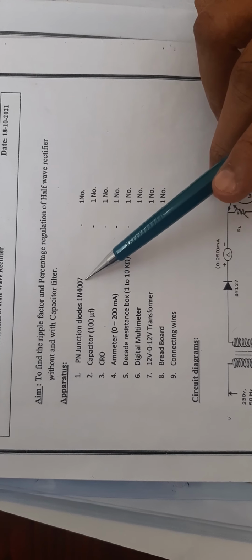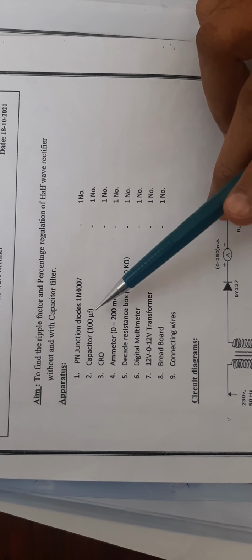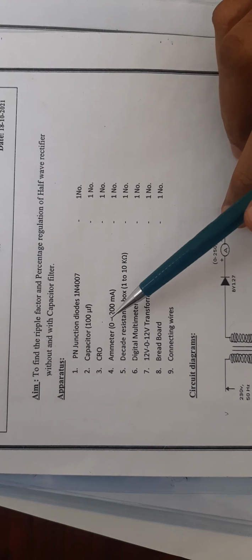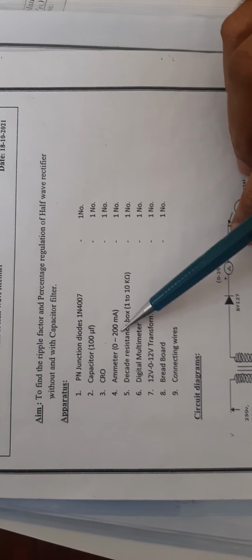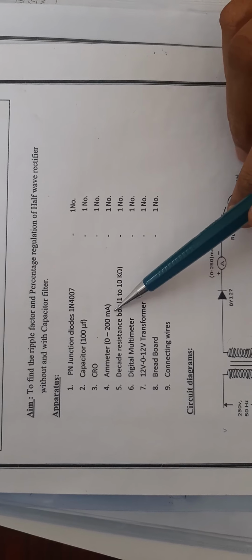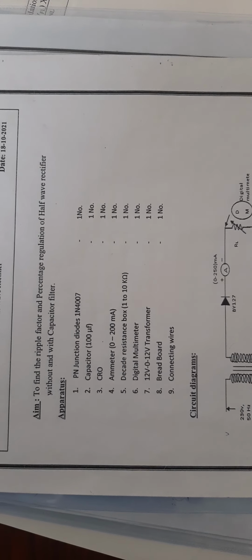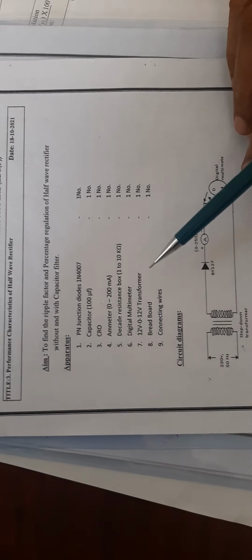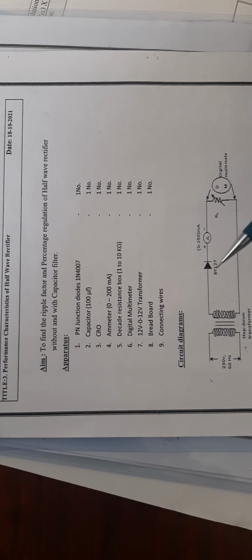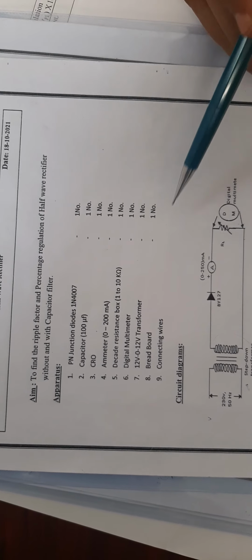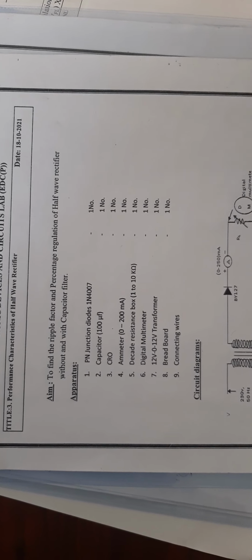And we are having one IN4007 diode, a capacitor, right now I am having 63 volts with 1000 microfarads, an ammeter that is 0 to 500 milliamps, one variable resistance of rating 1K, and one multimeter. And some connecting wires. These are the components that are required to perform the half wave rectifier.